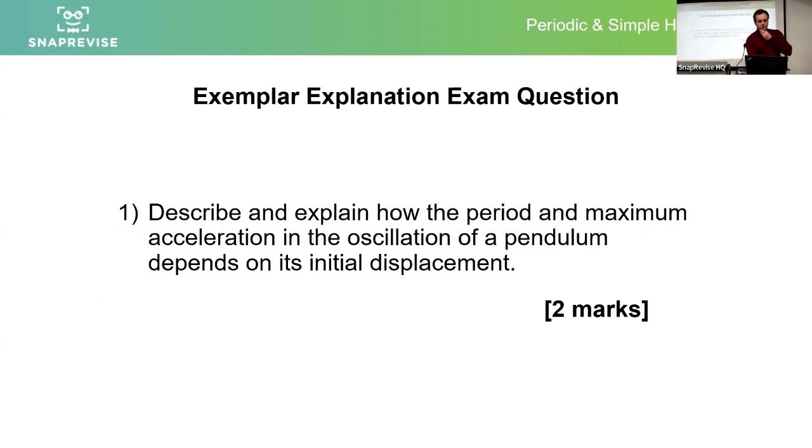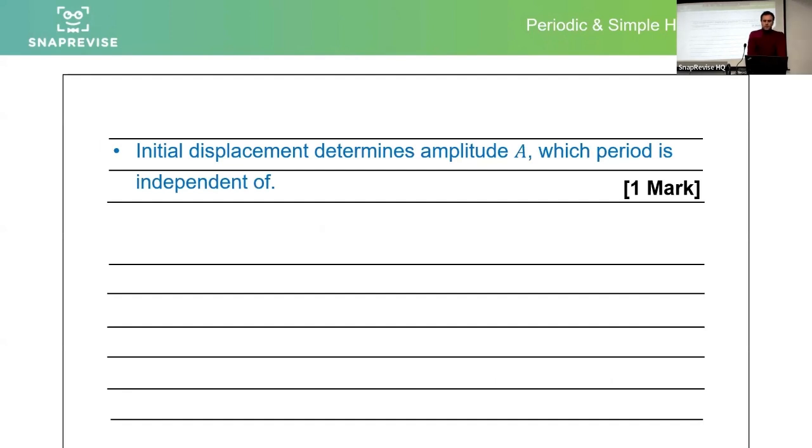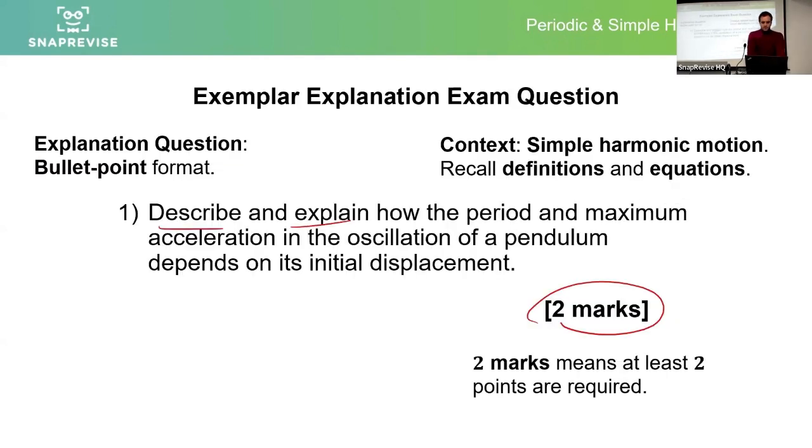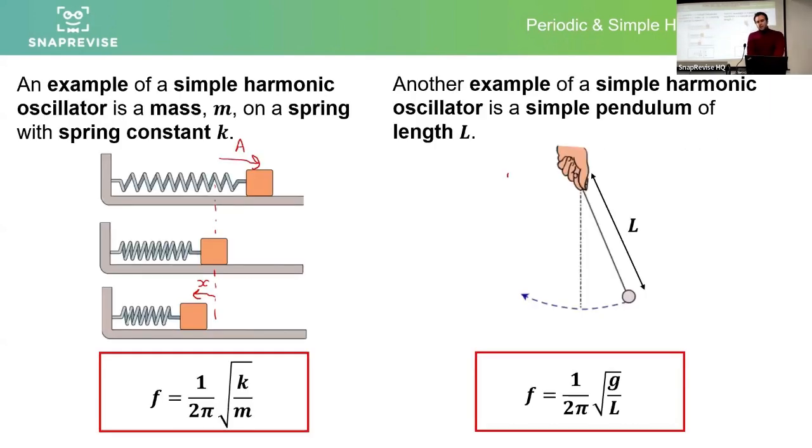Okay, exam question. Describe and explain how the period and maximum acceleration of the oscillation of a pendulum depends on its initial displacement. Okay, 2 marks, 1 mark for describe, 1 mark for explain. The period, if you're given this for a pendulum, is going to be 1 over f.